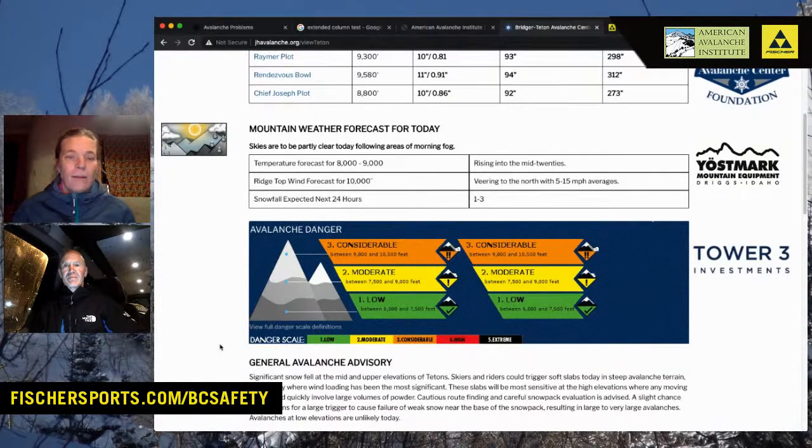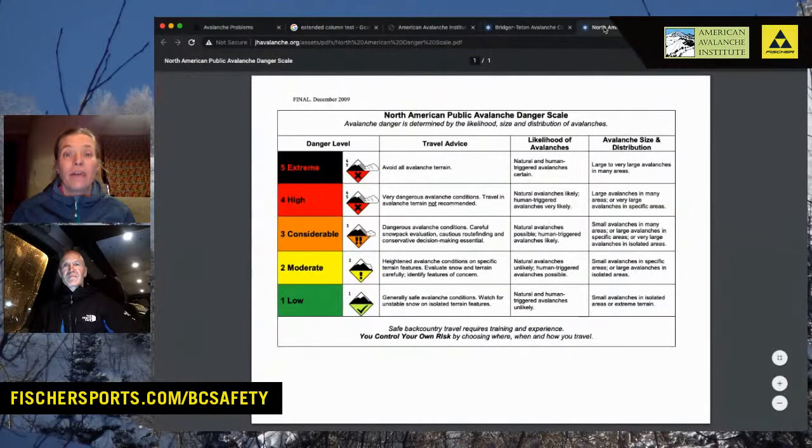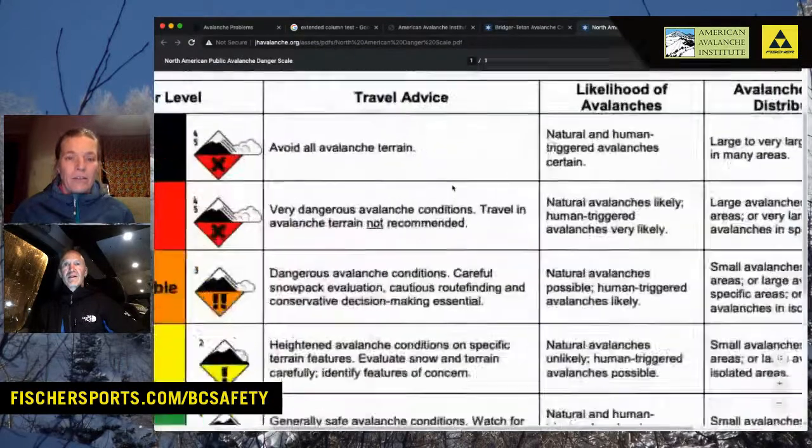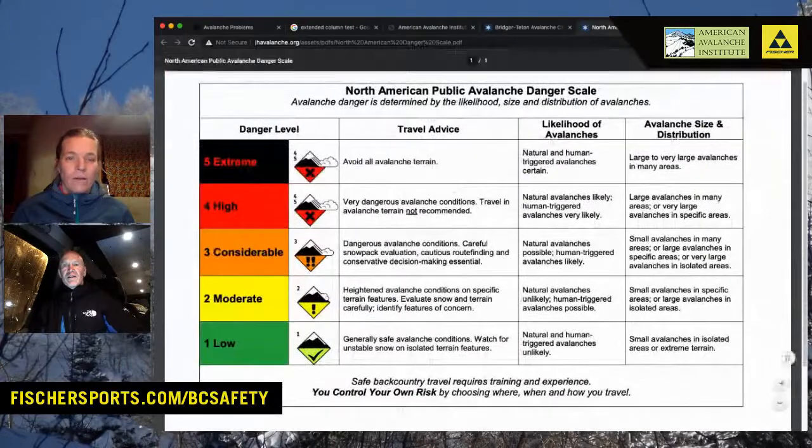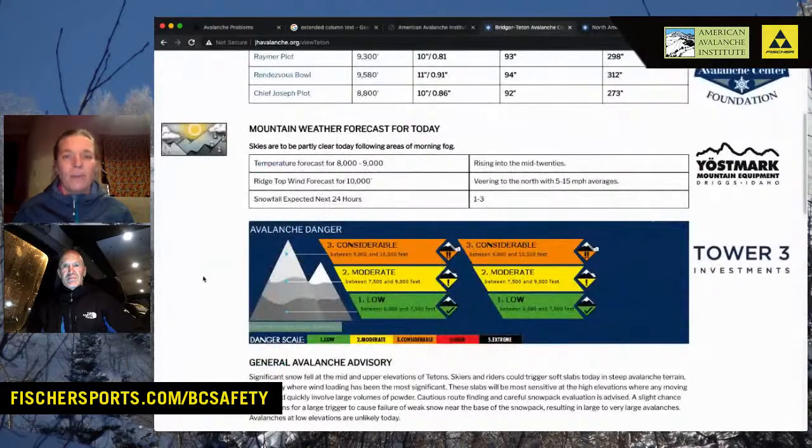So that gives you a ton to go on. And if you forget the ratings on this, you just click underneath the mountain and it gives you a full definition of all the hazards. So yeah, there's a ton of information in this one page. The more refined you can be with your understanding, and not just looking at the hazard but looking at the problems, the more information you have in terms of planning your tour.